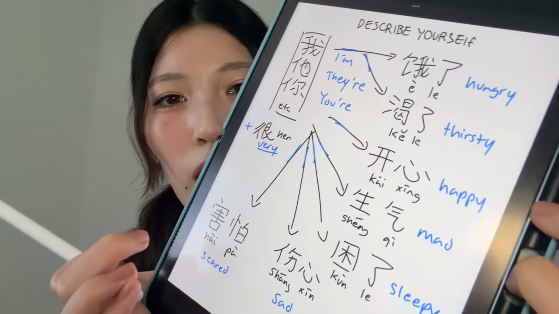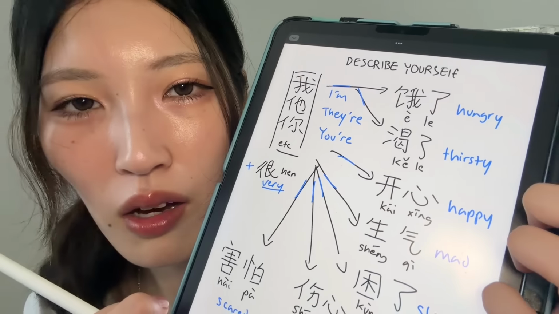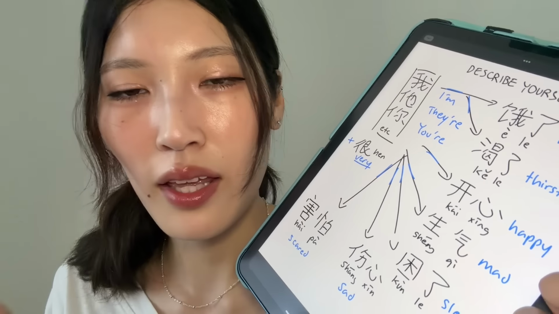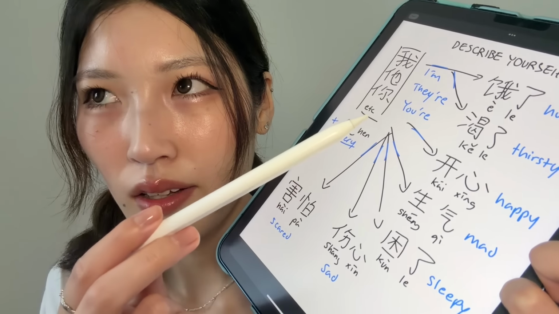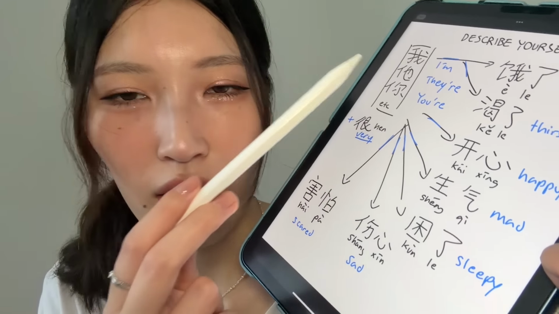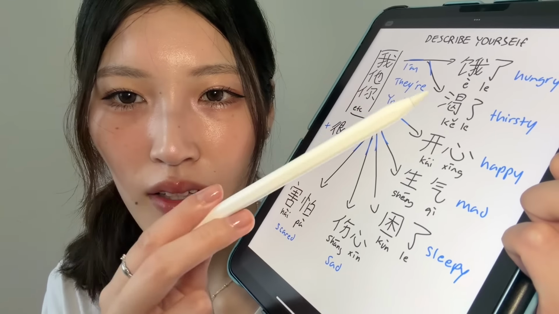Okay, so as you can see, there's a lot of different combinations. And you can also just say the name. So like Angela 困了. I don't know. Anna 害怕. Okay, this one might be a little intimidating at first, but I promise we'll work through it.